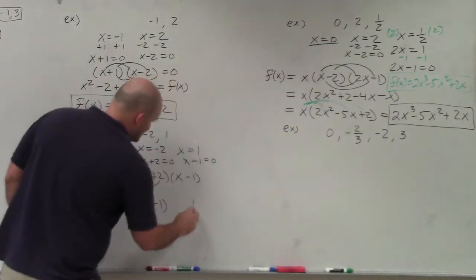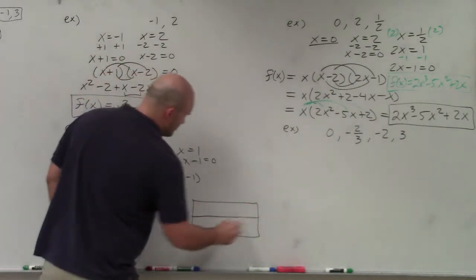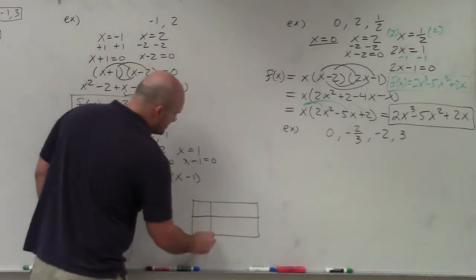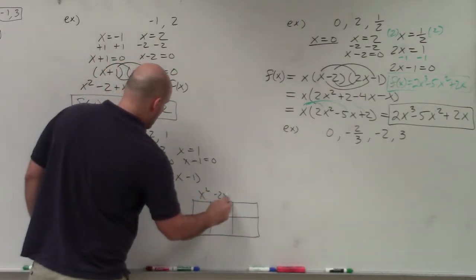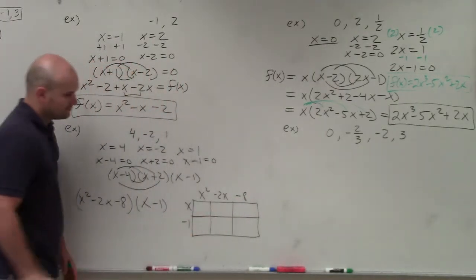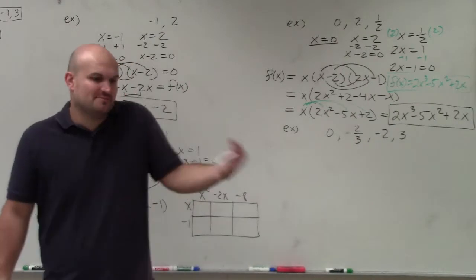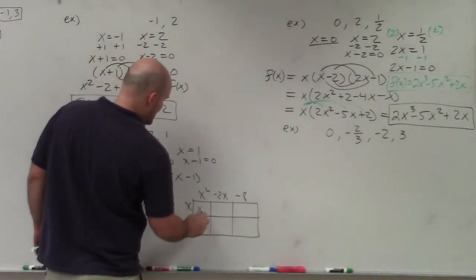Basically, the box method works like this. I make a box. This one has 2 terms, so I make 2 rows. Here has 3 terms, so I make 3 columns. So I do x squared minus 2x minus 8, and here I have x minus 1. When you multiply length times width, you're finding the area, right? So that's exactly what I'm going to do. X times x squared is x cubed.